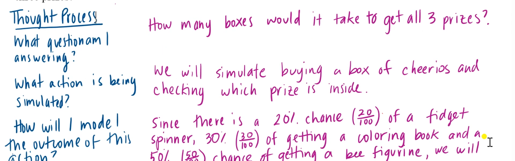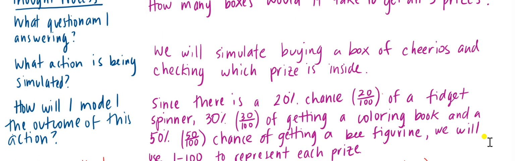Next, and this is the long part, how will I model the outcome of this action? Okay, that's the action I'm going to simulate. How am I going to actually model the outcome of this action? Before, when we were flipping coins to get boys or girls, the way that I modeled having a baby and ending up with a boy or a girl was the act of flipping a coin.